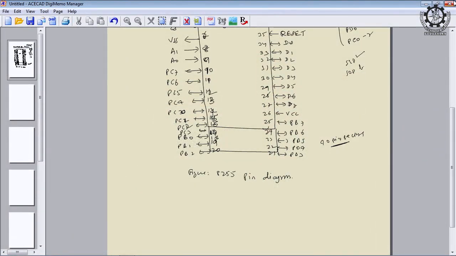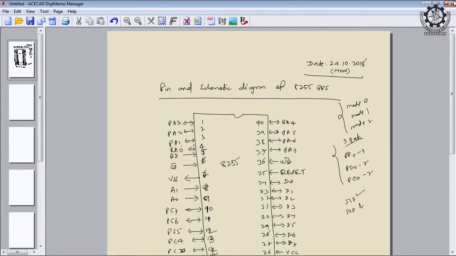For example, pins 1 to 4, PA3, PA2, PA1, PA0, are the lower 4 bits of port A, right?